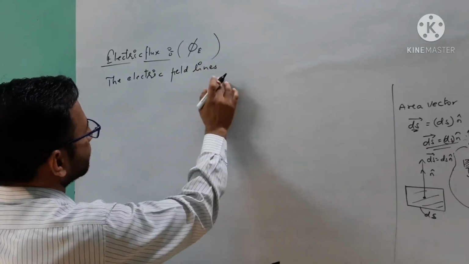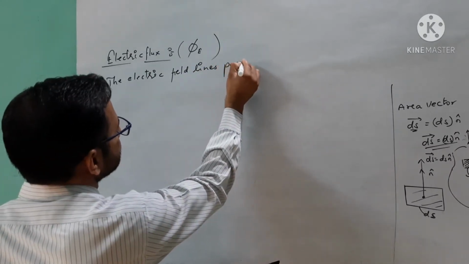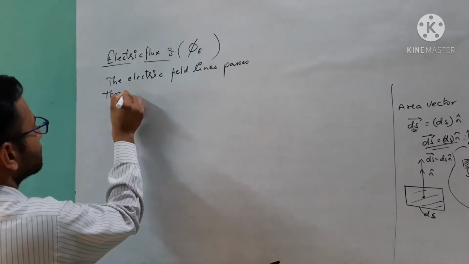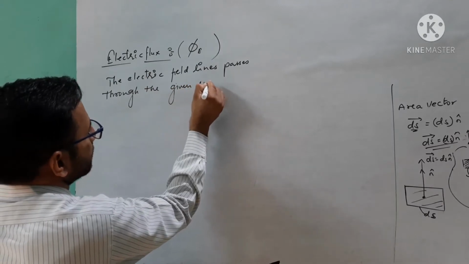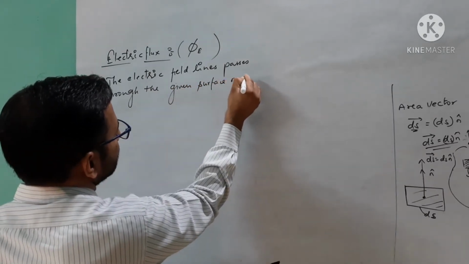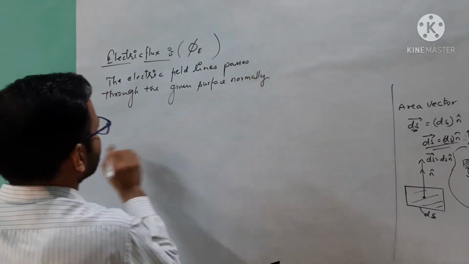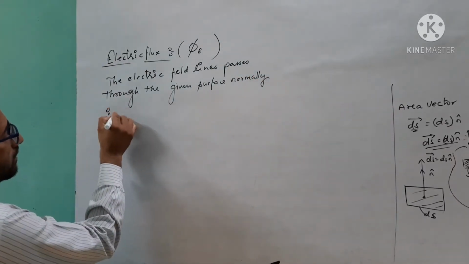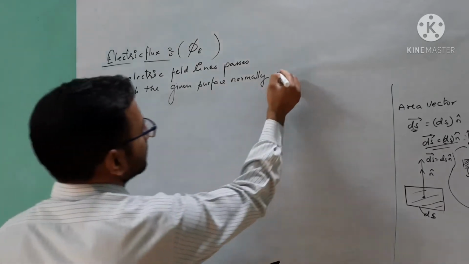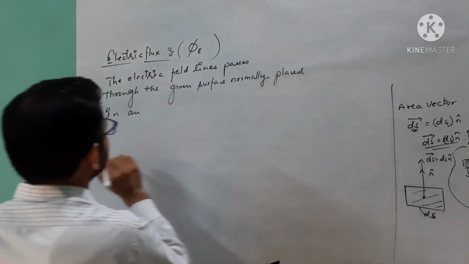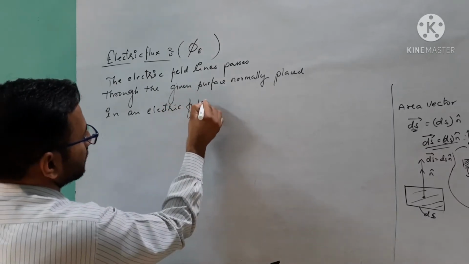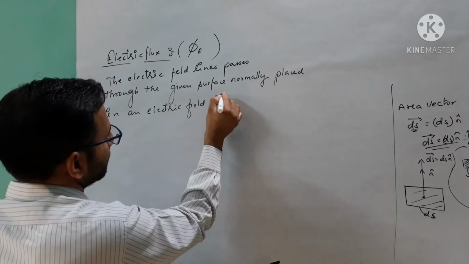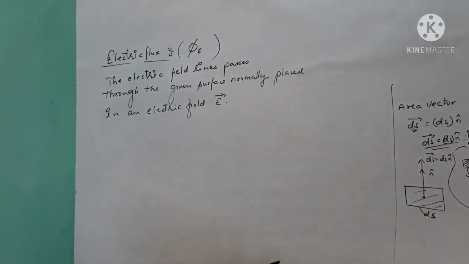Simple definition: the number of electric field lines passing through the given surface normally, placed in an electric field, is called the electric flux.